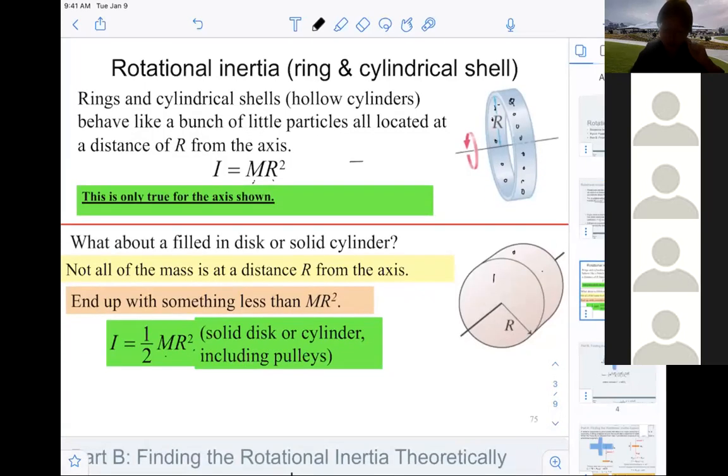You can view that ring as an integration of many small masses, and they're all at the same radius away from the center. So for a ring, the rotational inertia relative to its center is the mass of the ring times the radius squared of the ring, because all of its little masses are at the same radius.